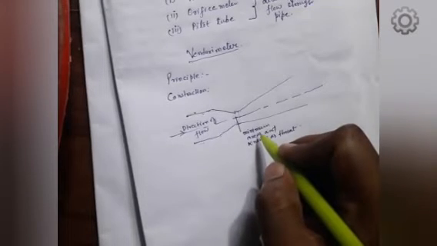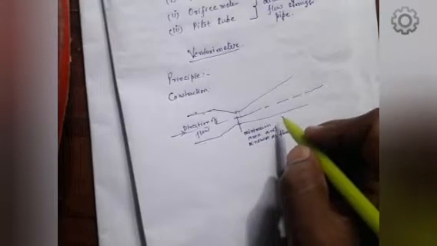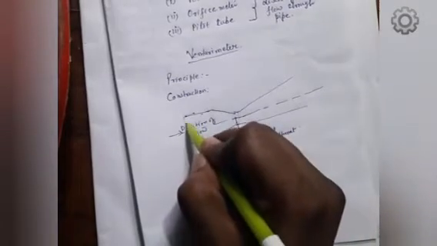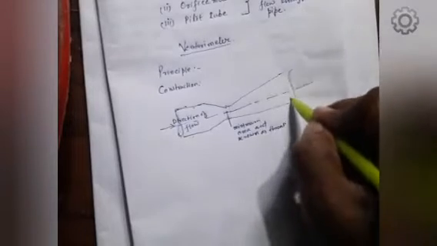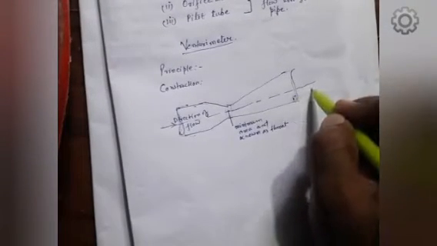The two conical portions have the same base diameter, meaning it is connected through a pipe in the direction of flow, and it is also connected through a pipe downstream.